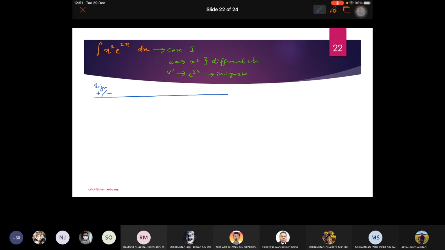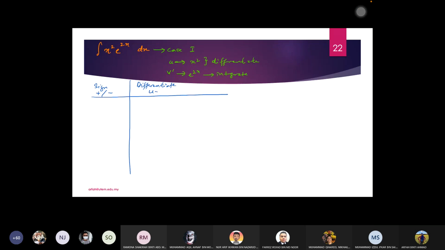Sign plus or minus sign, and then yang ini awak akan differentiate untuk u awak. Okay, sama dengan x kuasa 2. And then the next one is for you to integrate untuk exponential 2x.